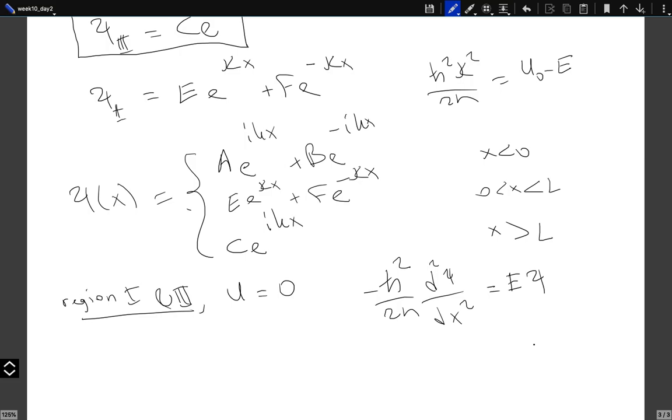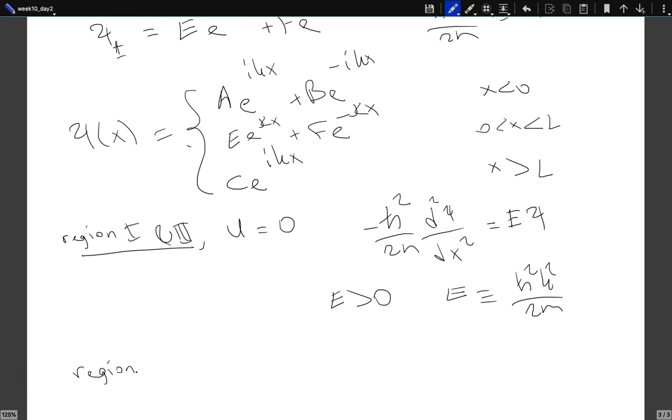This potential is zero. Sure, you can just shift the potential whichever way you like. So I define E to be, and keep in mind E is positive, E is equal to h bar squared k squared over 2m.